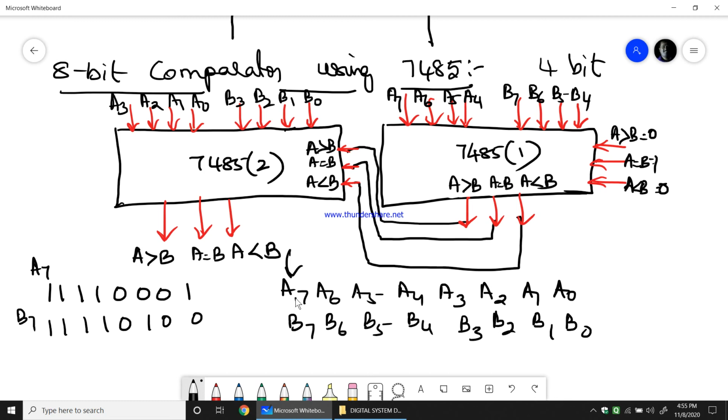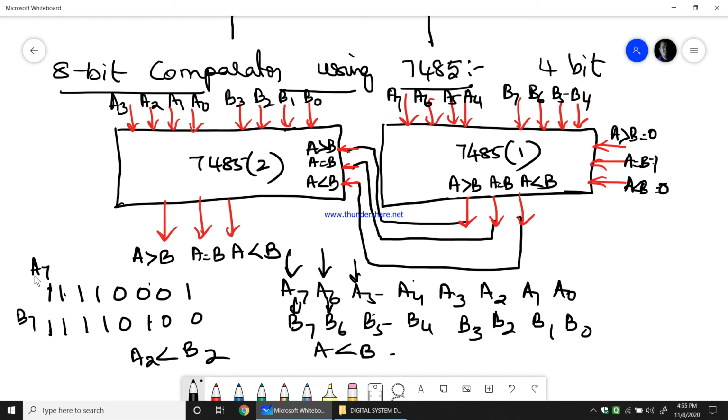Both are equal. Then A6 and B6 will be compared. Both are equal. Then A5 and B5. Both are equal. Then A4 and B4. Both are equal. A3 and B3. Both are equal. Now A2 and B2 is compared. You see A2 is less than B2. Therefore, it says A is less than B directly. This is the A less than B output.